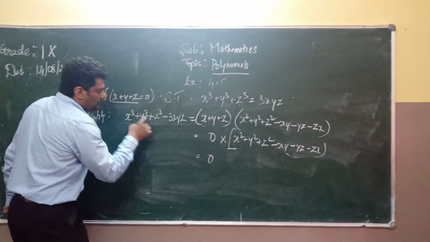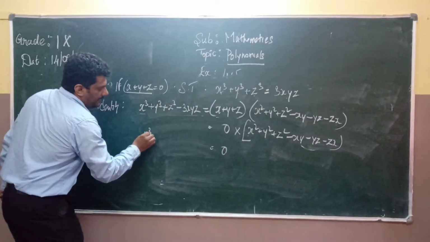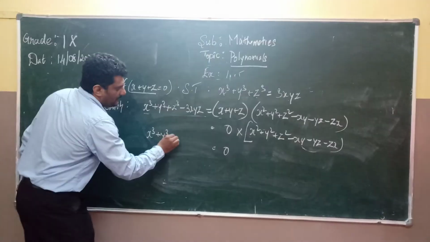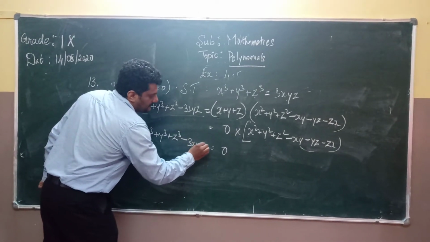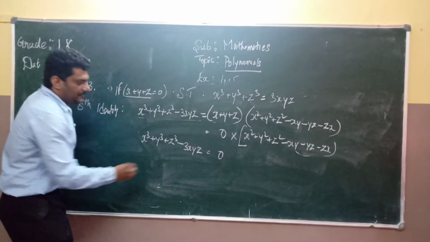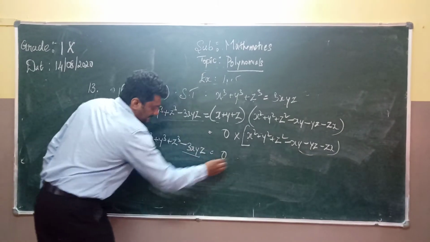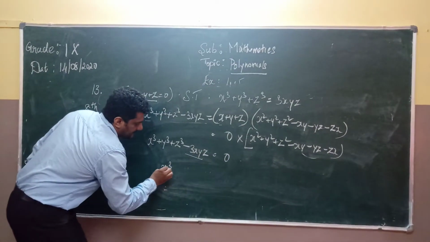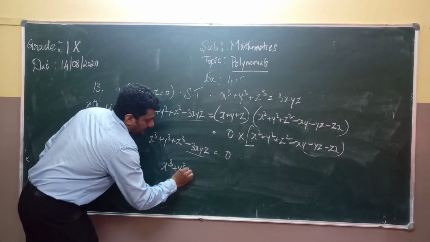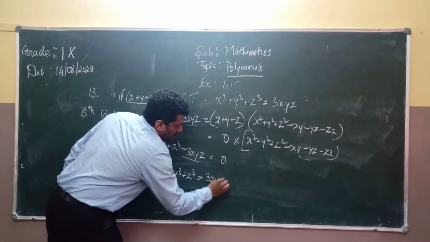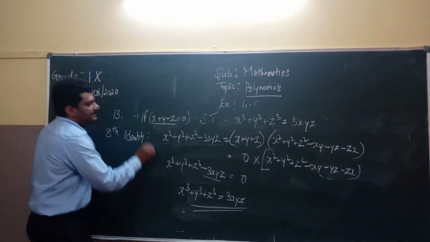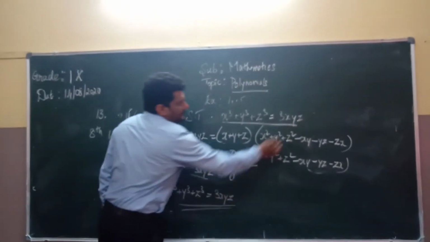Now this term is 0: x cube plus y cube plus z cube minus 3xyz equal to 0. Now shift this side. You will get x cube plus y cube plus z cube is equal to 3xyz. Same thing, right? See here? Copy down this.